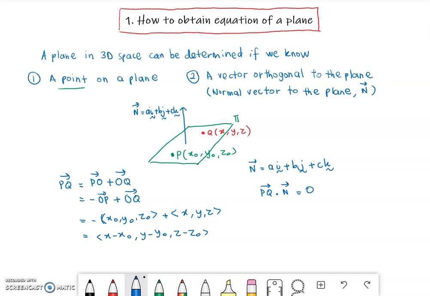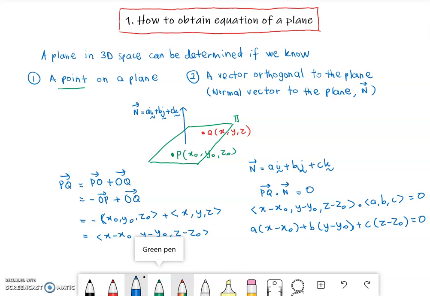So the dot product of these two vectors, x minus x naught, y minus y naught, z minus z naught, dot with n, which is a, b, c, equals to 0, and we will get a times x minus x naught plus b times y minus y naught plus c times z minus z naught.